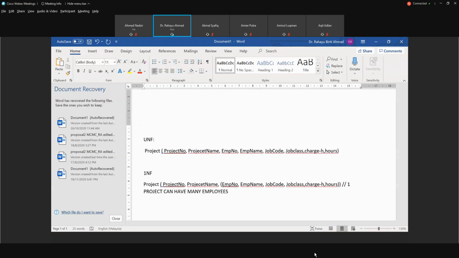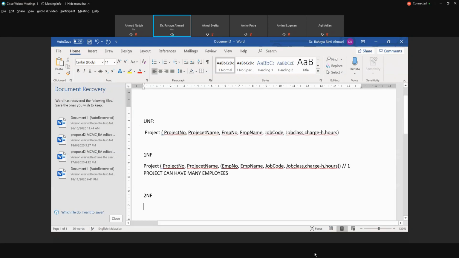Next, what did I ask you to do is separate this, apa ni? Outer table and inner table. So you have project, and then you have the employee.